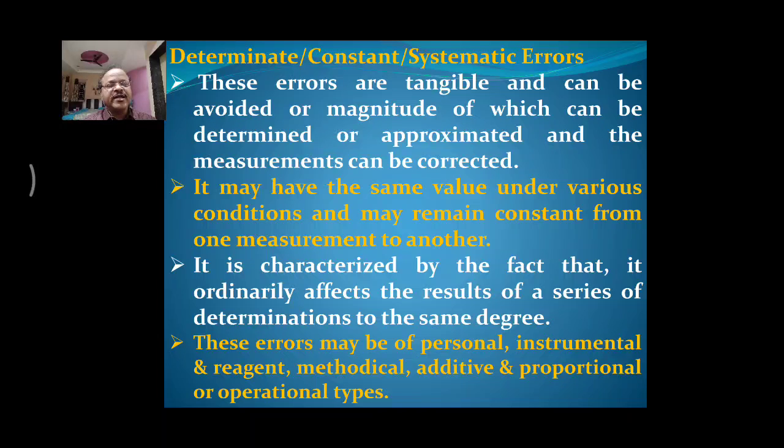These determinate errors remain constant throughout the experiment. So whatever difference there is between the true value and the experimental value, that difference remains constant throughout the experiment to the same degree.